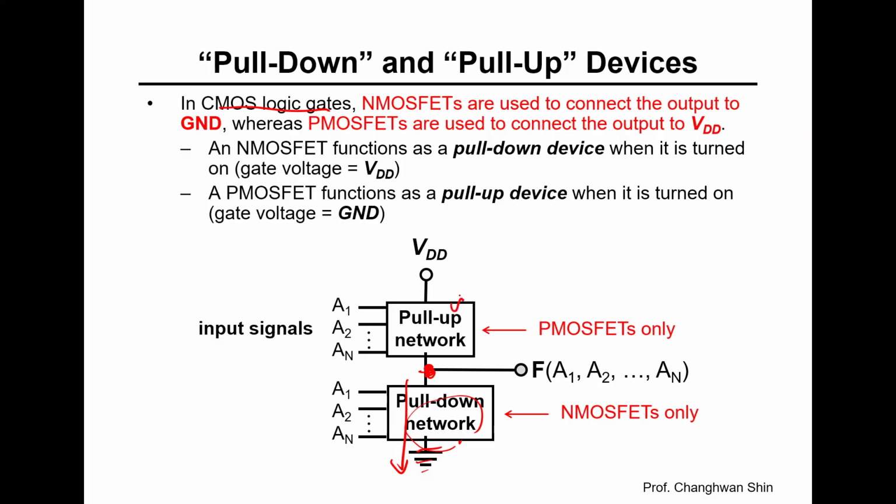P-channel MOSFETs in this case connect the output node to the supply voltage VDD, serving as pull-up devices when they are activated. Think of this arrangement like a tug of war contest.